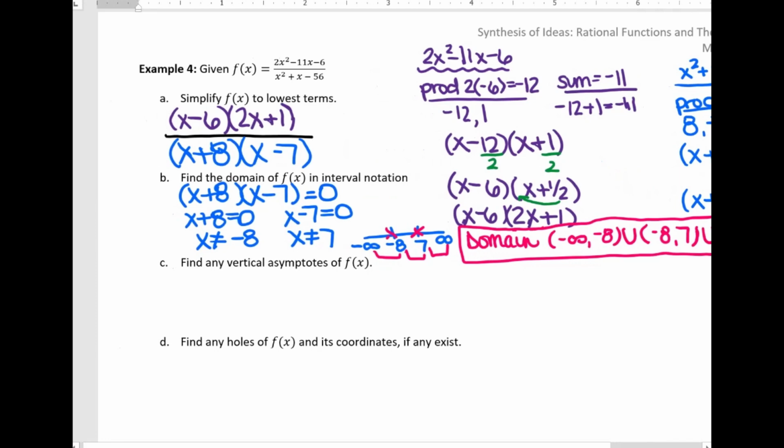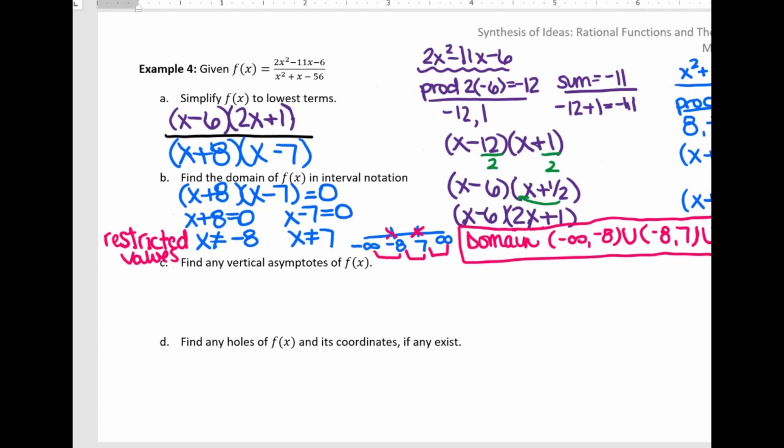Okay. Remember that the values that we find from the domain are our restricted values. And all of our restricted values either become holes or vertical asymptotes because nothing canceled.